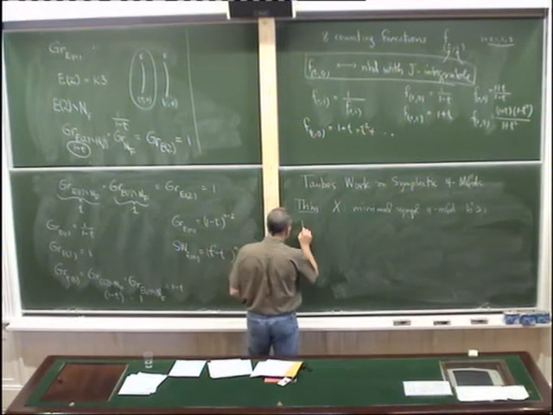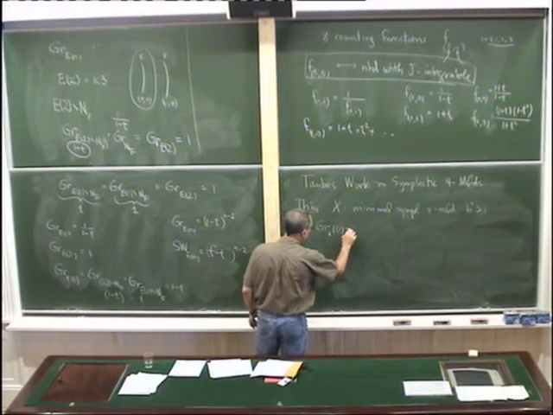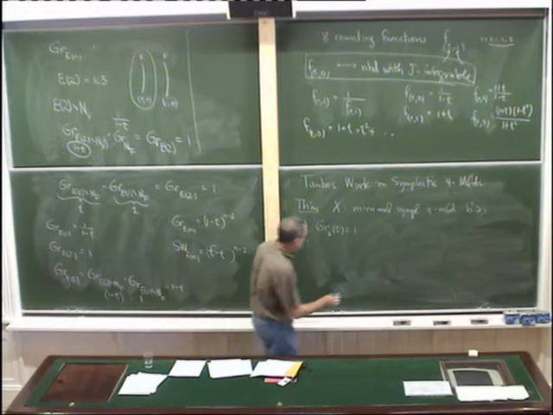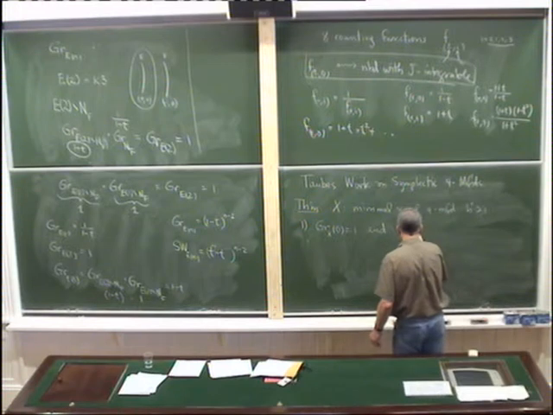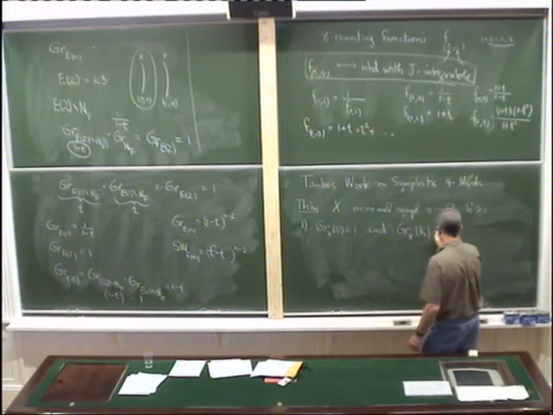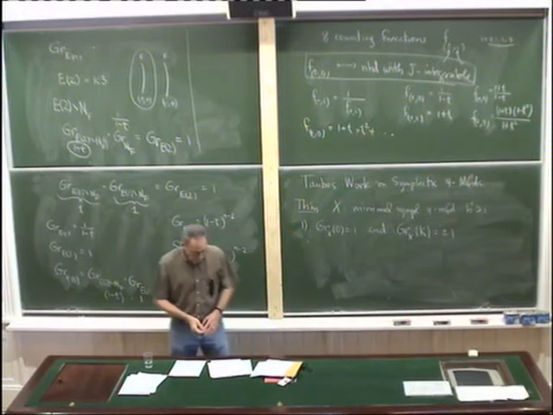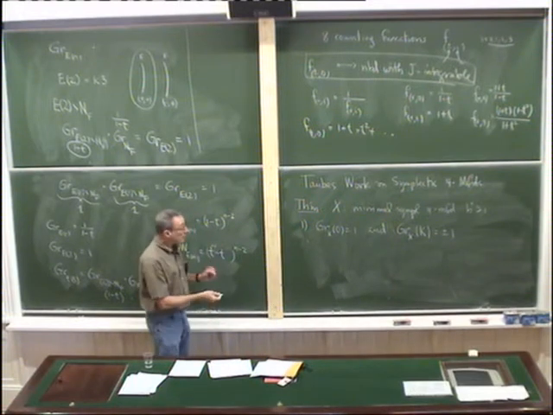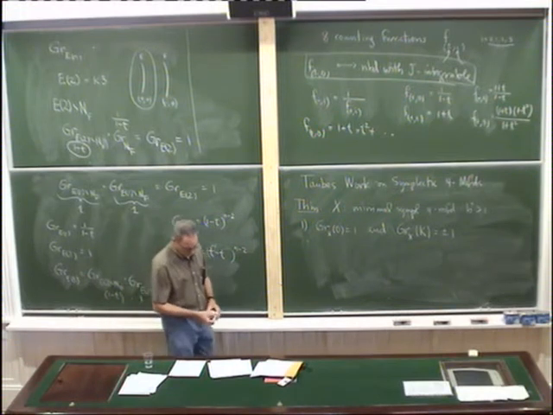Then, first of all, the Gromov invariant of 0 is 1. And the Gromov invariant of the canonical class is plus or minus 1. So in particular, the canonical class is generically represented by a pseudo-holomorphic curve.